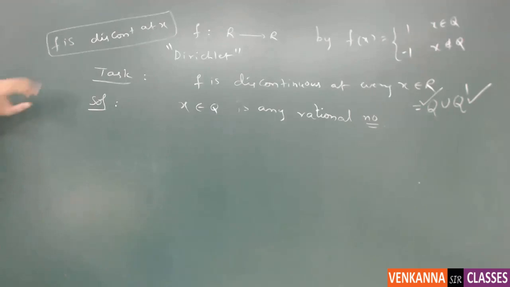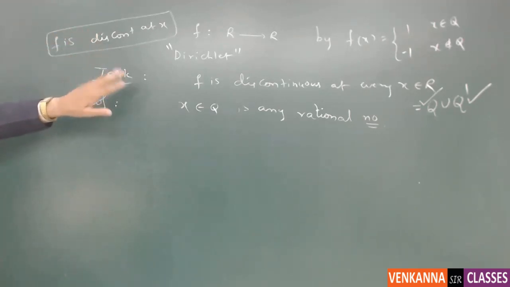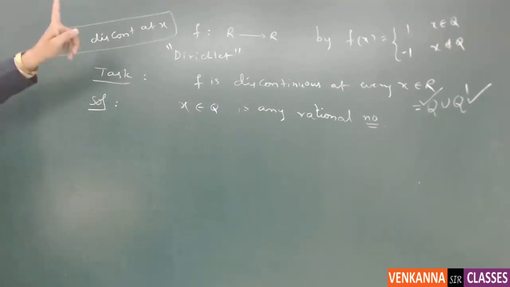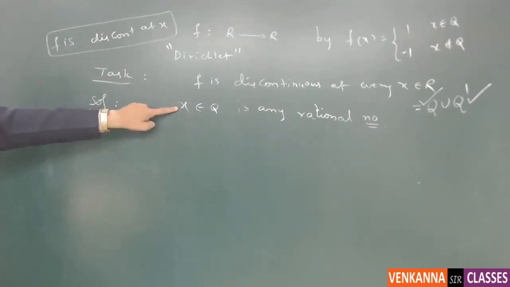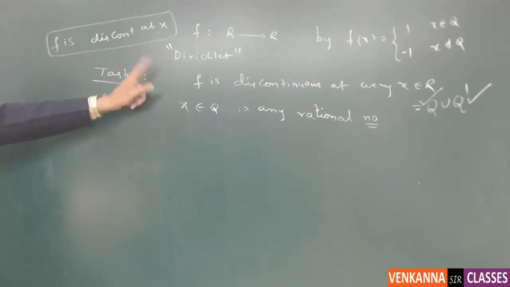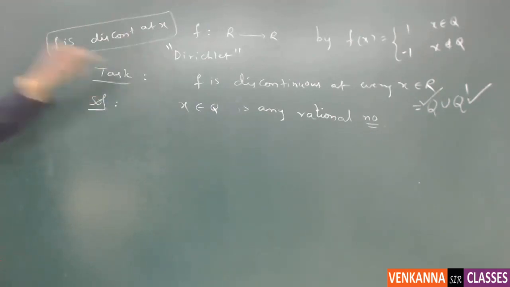So, in the domain, I need to frame a sequence such that the sequence is converging to x, but the image sequence is not converging to f of x, so that I can prove that f is discontinuous at x by means of the sequence criterion. Okay? Is that clear?